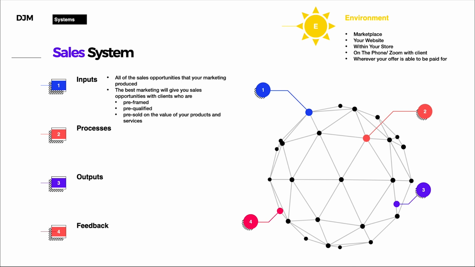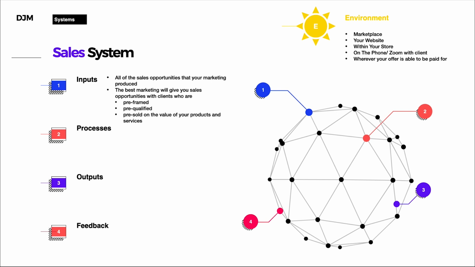The inputs of the sales system are all the sales opportunities that your marketing produced. So all the people that are now in front of your sales system were produced by marketing. And the best marketing will give you sales opportunities with clients who are, and this is very important, pre-framed, pre-qualified, and pre-sold on the value of your products and services.